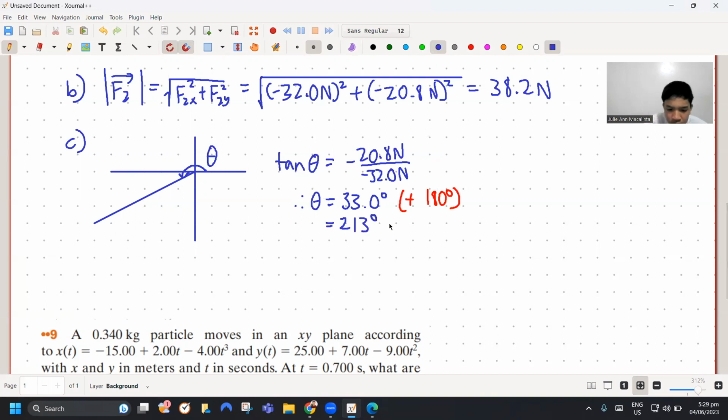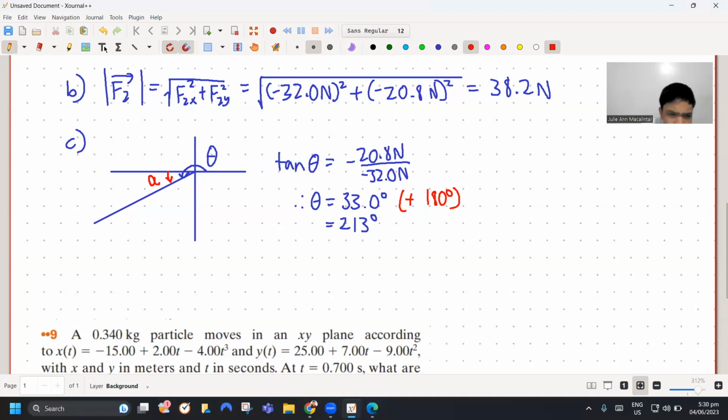Teka, instead of using theta, kasi yung theta natin, di ba? Instead of talking about theta, naalala mo pa ba yung notation na ginagamit ng additional math na basic angle? Yung alpha? Mark alpha there. So basic angle alpha is that.